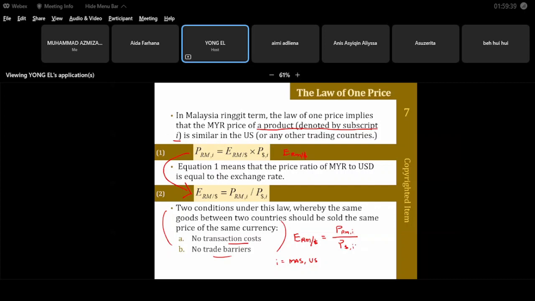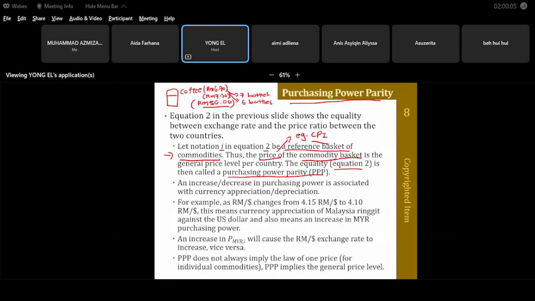This is the price for the commodity basket in US, right? So overall, this price ratio becomes the ratio of general prices in the two countries, which measures the purchasing power between the two currencies, Malaysian ringgit and US dollars.